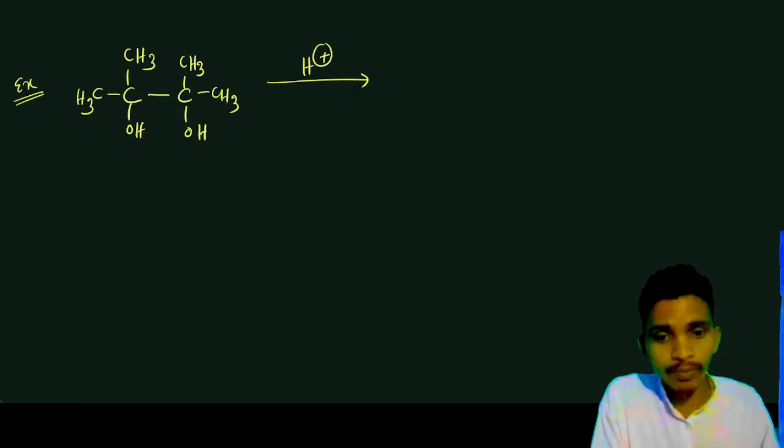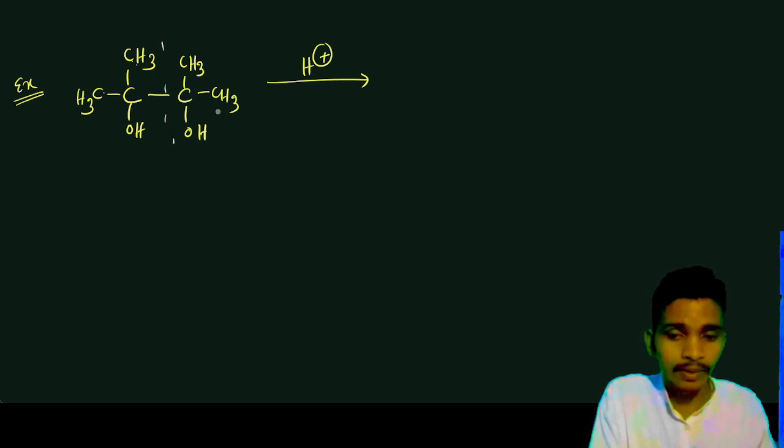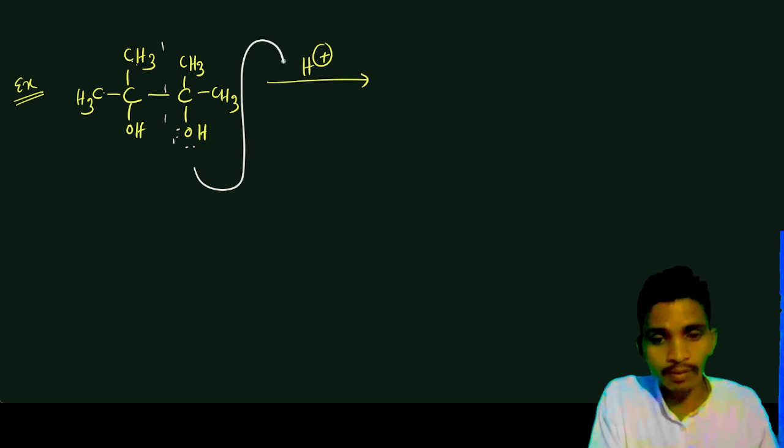We will take examples to make it clearer. Let's take this example. Here CH3, here also CH3, here also CH3, which means these OH are symmetrical. If both are equal, then anyone can do the protonation. So we will do this one.